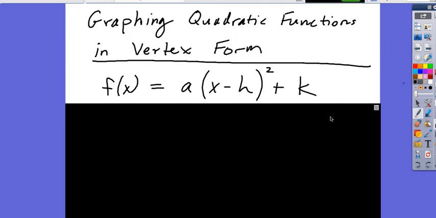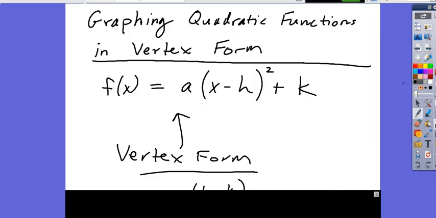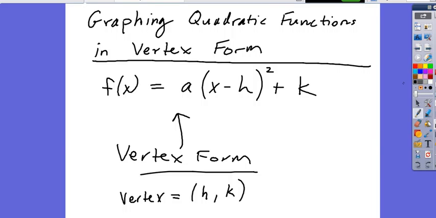Now these variables all have important meaning. From this form, h and k are our vertex. h is the x value of the vertex, and k is the y value of the vertex.